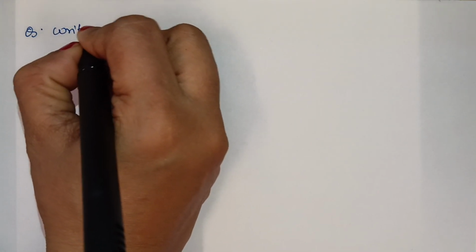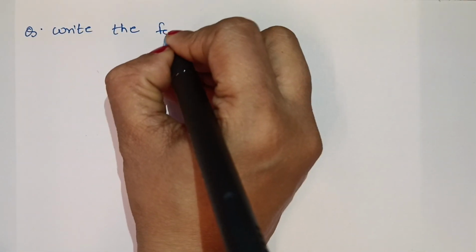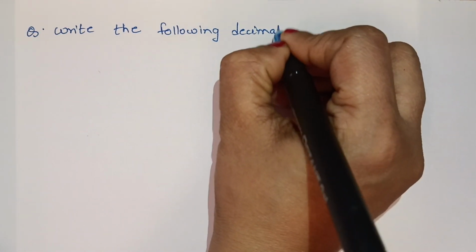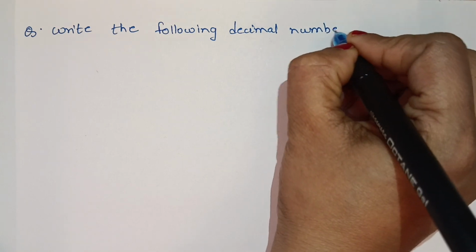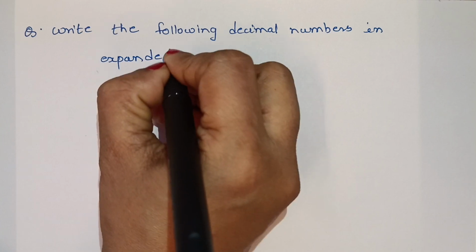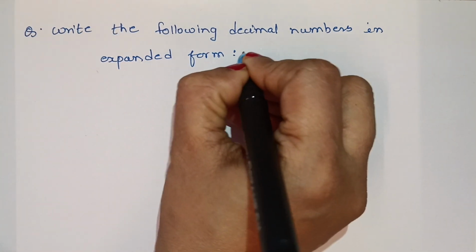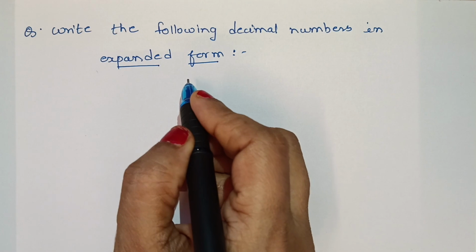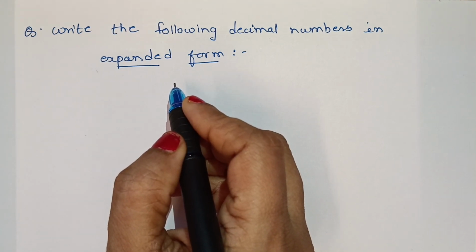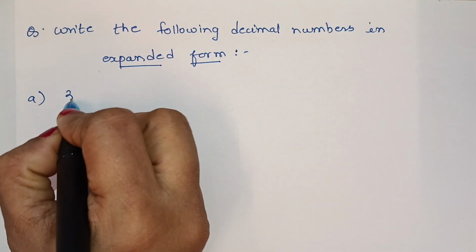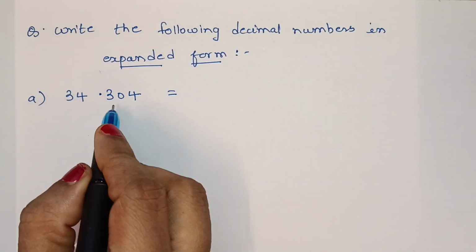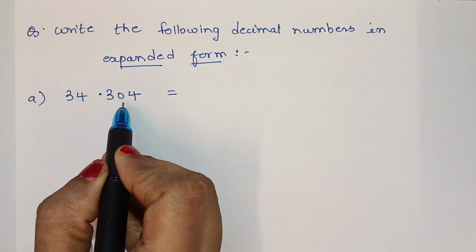Let's learn how to write decimal numbers in expanded form. Very important. Whenever they give such questions, always remember the place value chart of decimals. 34.304 should not be read as thirty-four point three hundred four.